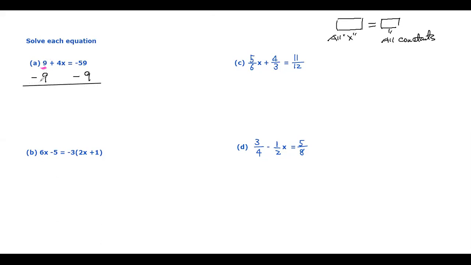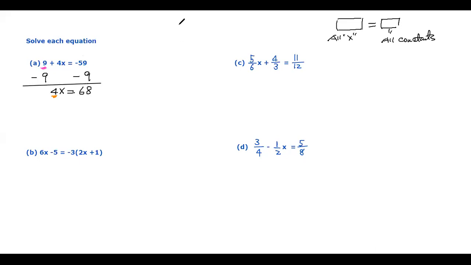9 minus 9 is what? This one disappears, so my left-hand side only has 4x. Here, negative 59 minus 9 is what? Be careful, negative stays negative, so what we have is negative 68. Now I have the 4 in front of x, and I want to solve for x.